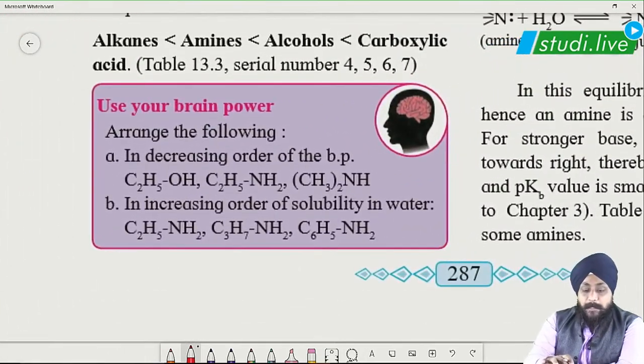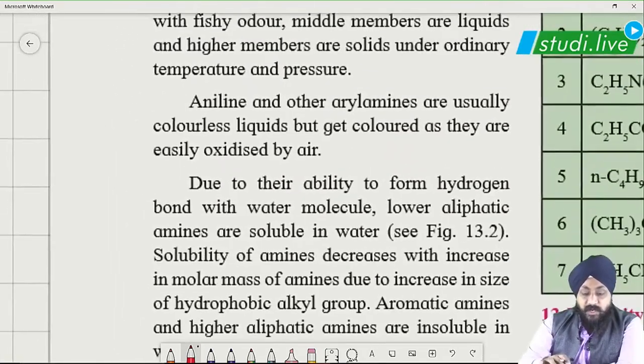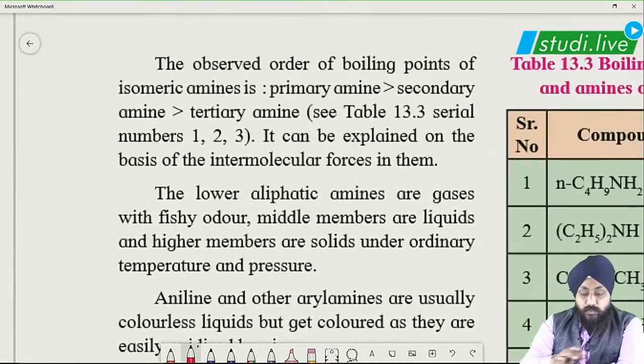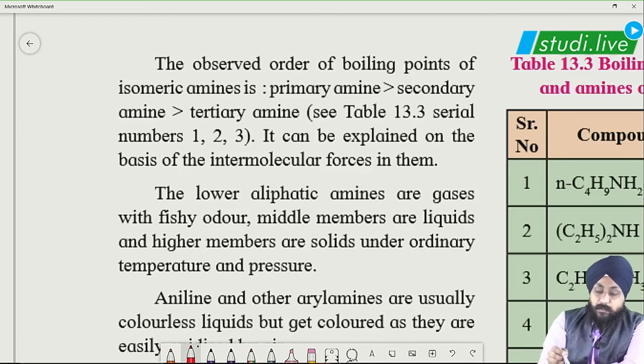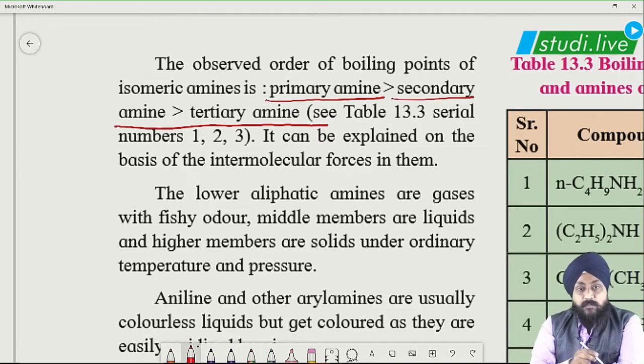Next, another physical property is the boiling point. The one which forms more hydrogen bonding will have a higher boiling point. So the boiling point of isomeric amines is: primary is higher than secondary, and secondary is higher than tertiary.